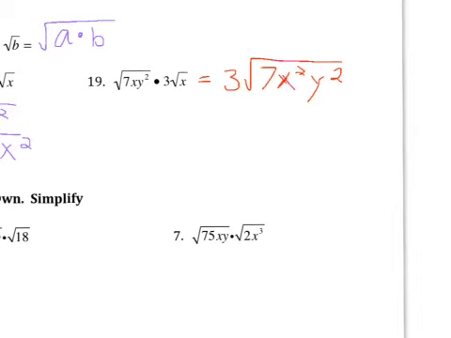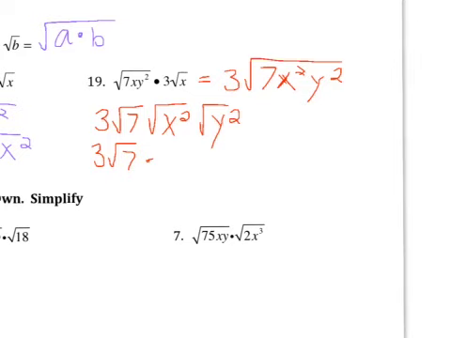Okay, if we break it up, we get the square root of 7, the square root of x squared, the square root of y squared, which is 3 square root 7 times x times y. So our final answer is 3xy square root 7.